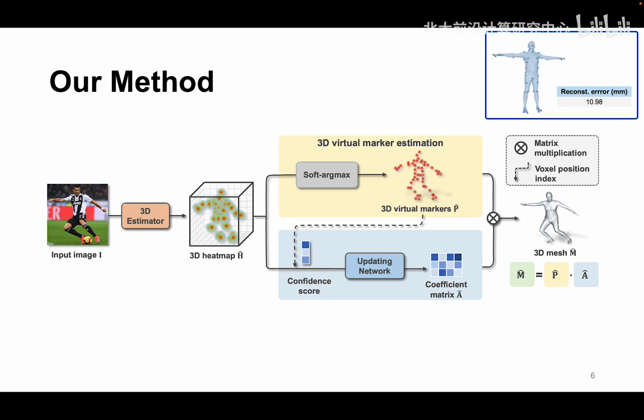As a result, inaccurate marker positions may bring large errors to the final mesh if we directly multiply them with the fixed matrix. Therefore, our solution is to rely more on those accurately detected markers. To that end, we propose to update the coefficient matrix based on the estimation confidence scores of the markers.